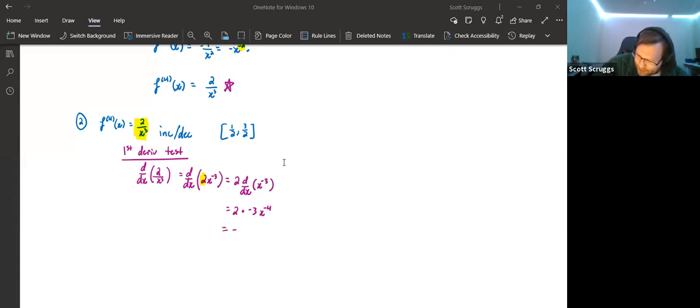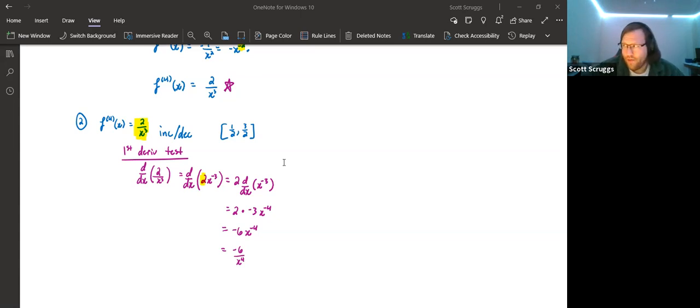Multiply the coefficients. I have negative 6 times x to the negative 4th, which equals negative 6 divided by x to the 4th power.